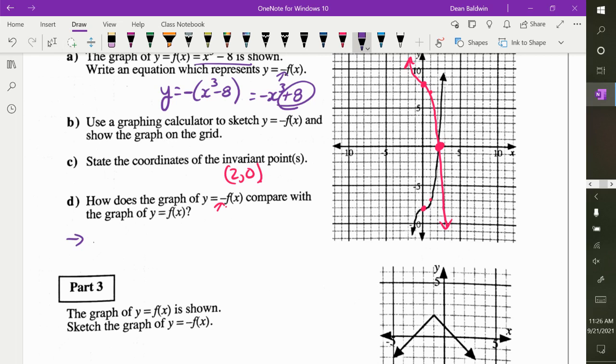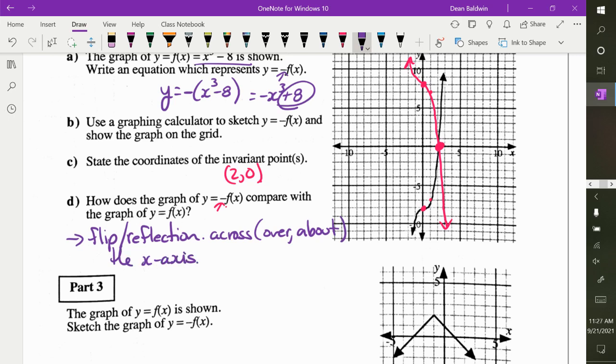The negative there does a flip or a reflection across, or you can say over, or sometimes the book will say about, the x-axis. The thing that you need to remember is all y values have a negative put in front of them. That's it. You just put a negative in front of the y value. It does not change the x value. Only the y values change.